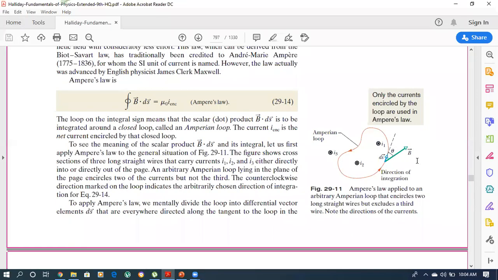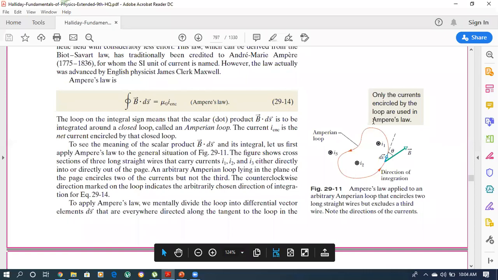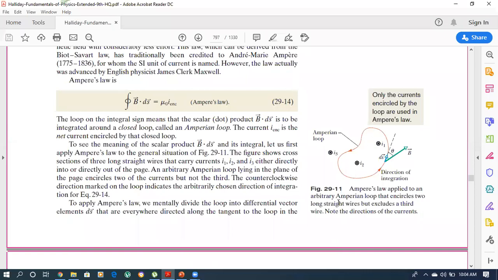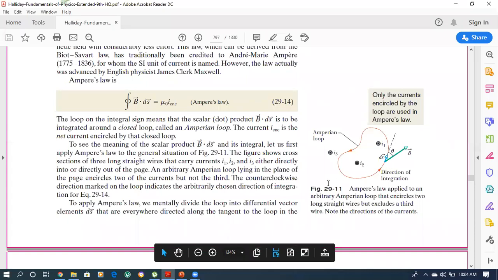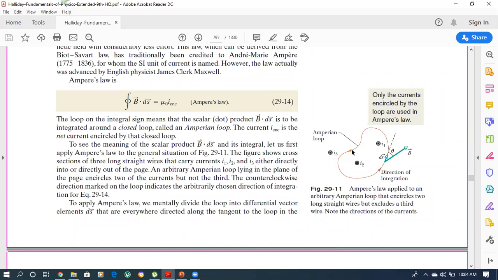So how can we determine the net magnetic field due to these wires? We consider this imaginary surface, just like the practice in Gauss's law. What will be the net magnetic field due to these two wires which are in this enclosed surface?